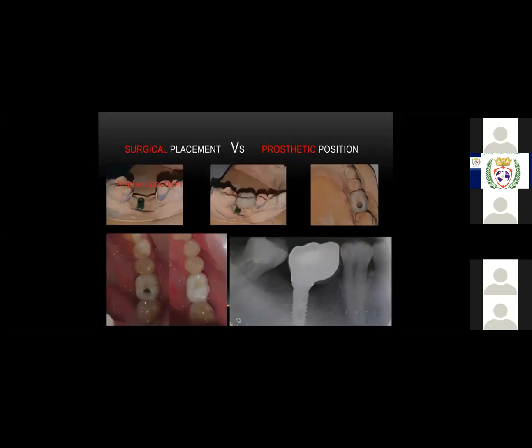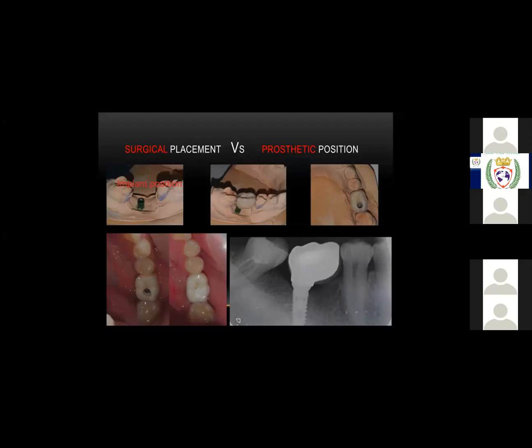Once you go into the prosthetic stage, the impression is done, but when we made the crown, the implant was distal to the crown and the access hole was distal. See the radiograph. A big mistake has happened: the implant was between the two teeth, but it is not the right prosthetic position for the crown. In this case, the implant should have gone more mesially, next to the second premolar, to be at the center of the crown.